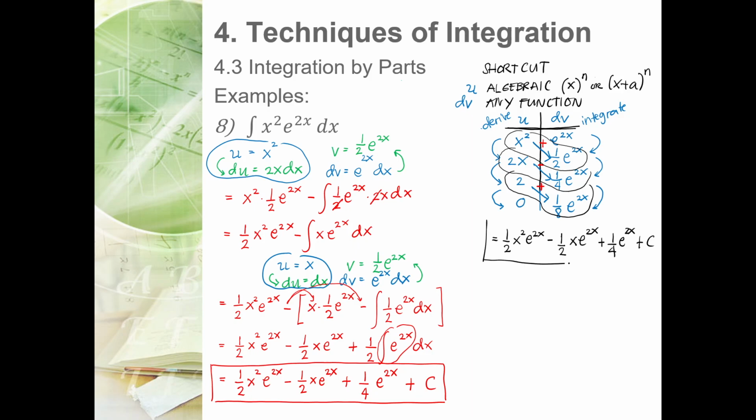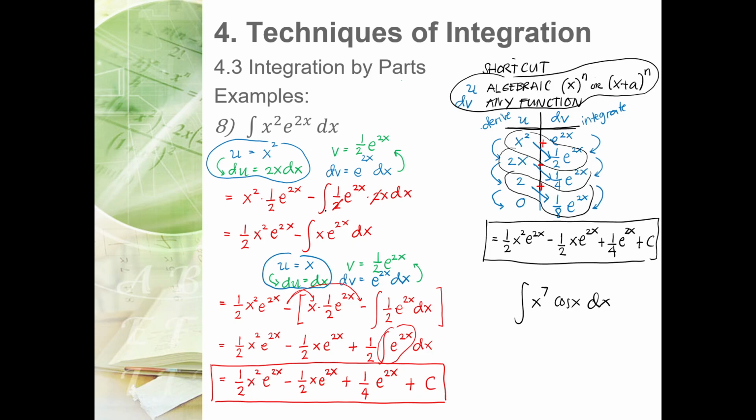So notice that the answer is the same as what we solved earlier. But of course, it only applies in these conditions. So it's very helpful to use the shortcut. So let's say you're going to have x to the power of 7, then you have cosine x dx.